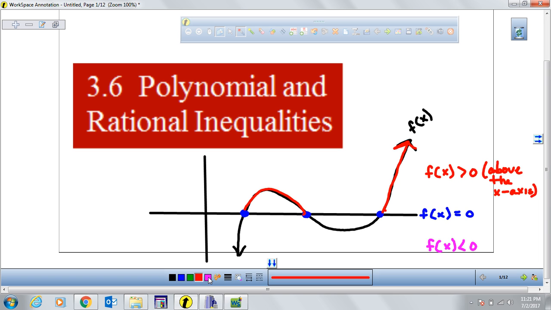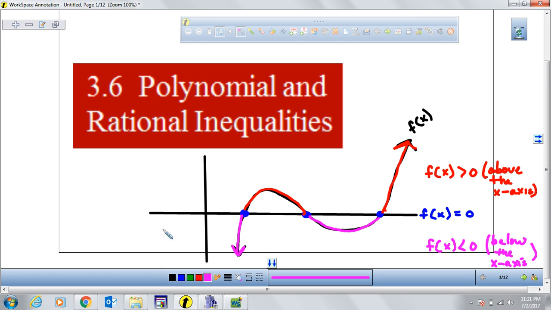because it is above the x-axis anywhere afterwards. Likewise, when I say that a function is less than 0, that consists of the values of x for which the function is below the x-axis, and that would mean on this little section and also this little section.